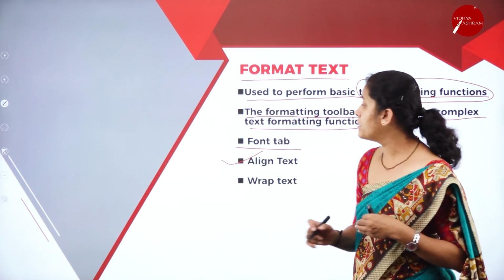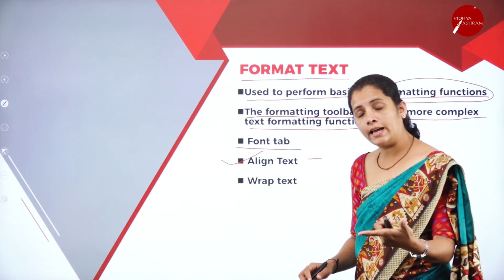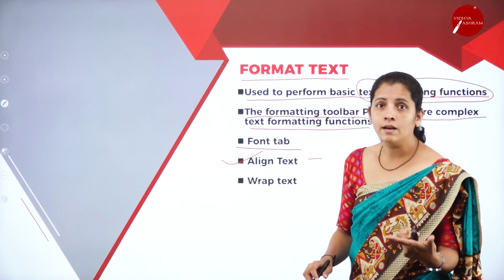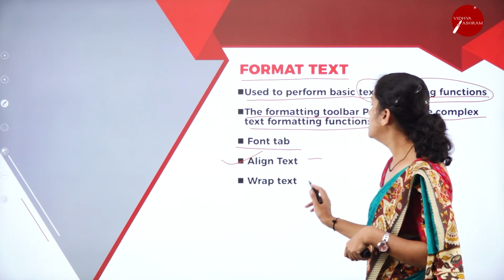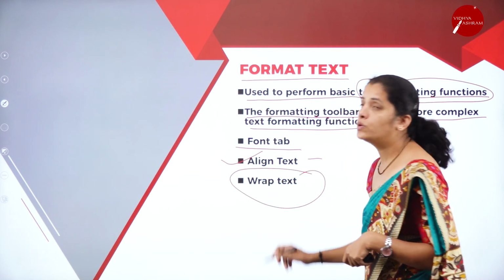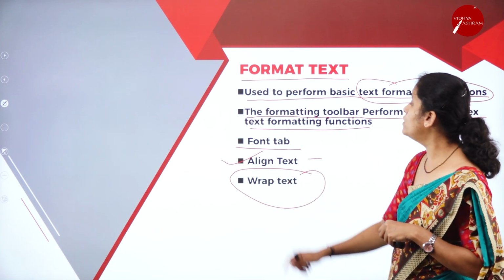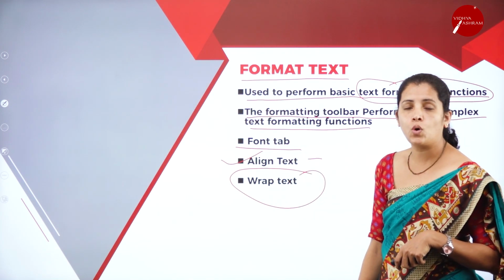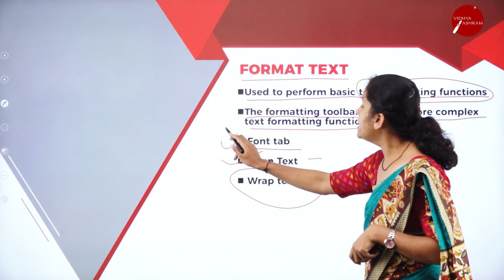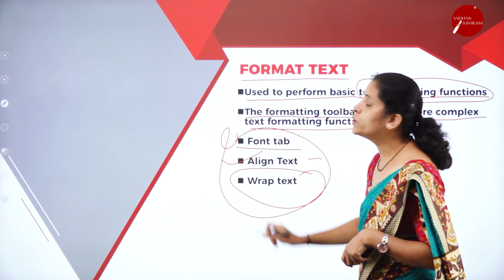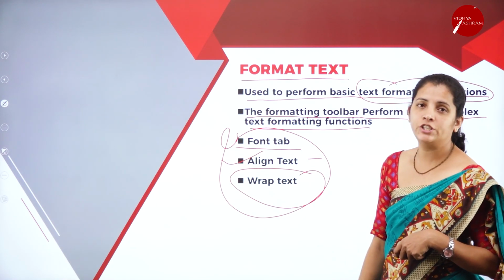What options am I going to have? That is left align, right align, or middle, or the option called justify. And suppose you want to fit your text to the cell, then I can use the option called wrap text. These are certain options I'm going to have to format my text in the spreadsheet.